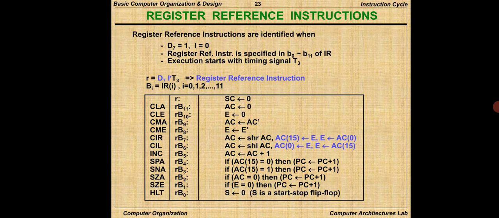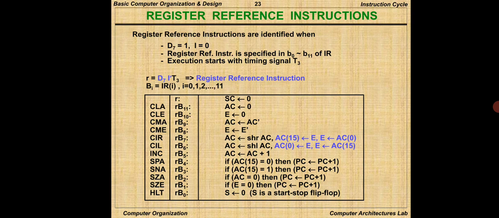The data values will be in bit number 0 to bit number 11, that is, 12 bits for the register values. Next, execution starts with the timing cycle T3.